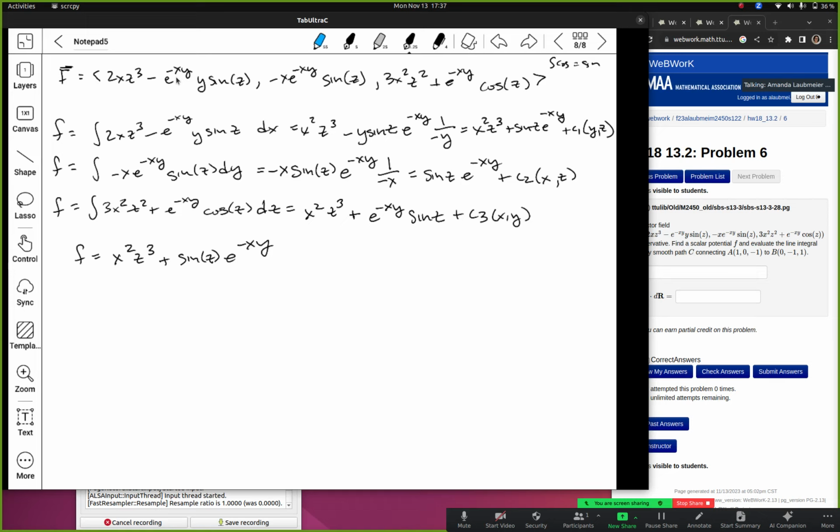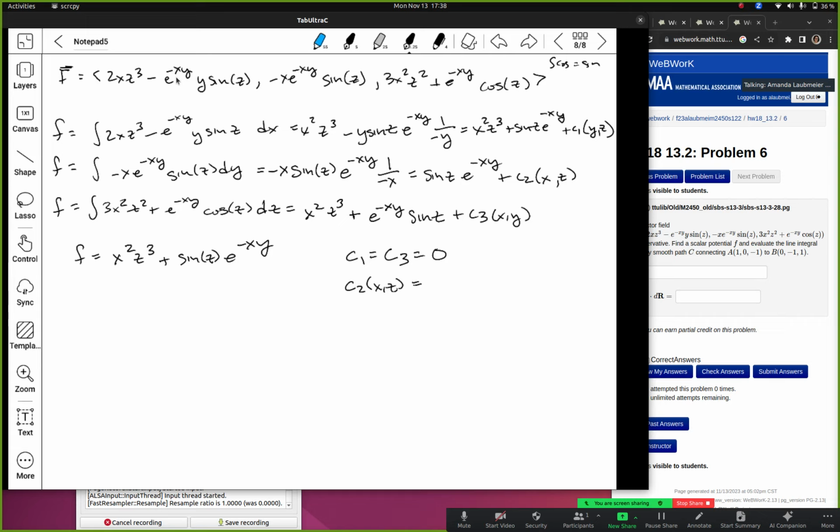Real quick, I want to take a second and note, since f is exactly the same as my answer when I integrate with respect to x and my answer when I integrate with respect to y, I actually know at this point that c1 and c3 are both 0, which is the same thing I've had on the other problems I did up to this point. But, kind of worth noting, is that c2 is that term that we miss when we integrate with respect to y.